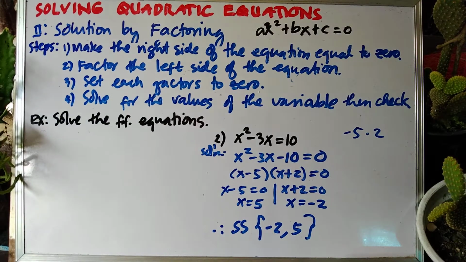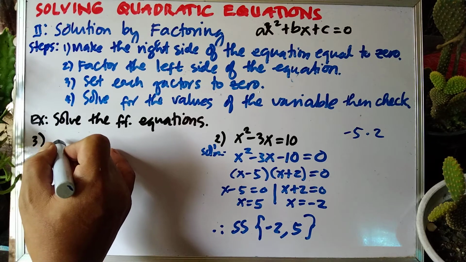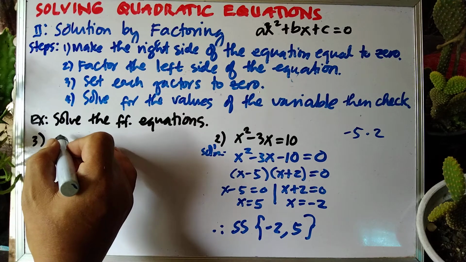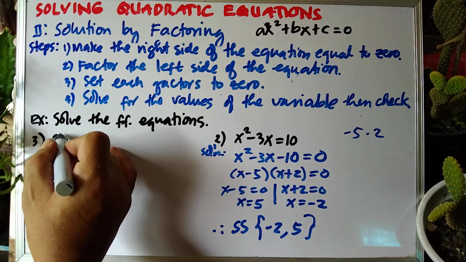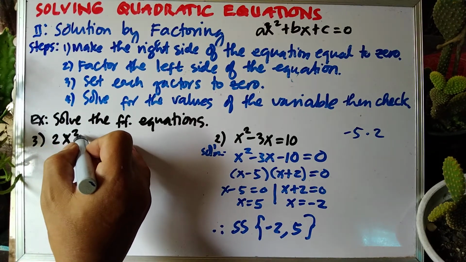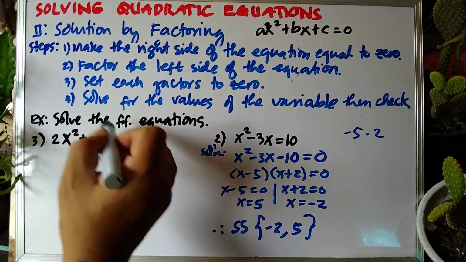Okay. I'll give you another example. Example number 3, you are given 2x squared plus 5x is equal to 3.